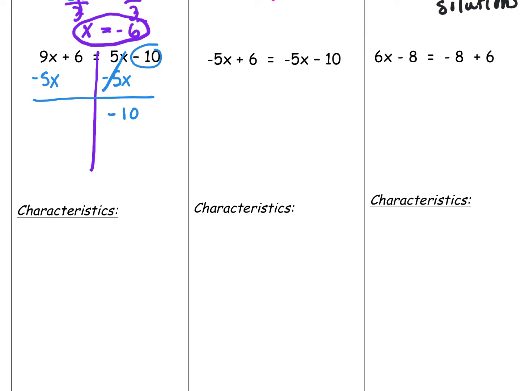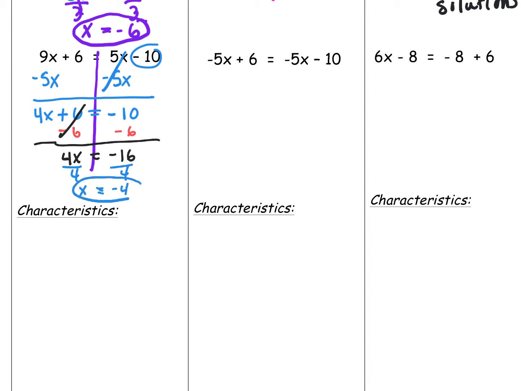If I have 9x and I take away 5 of them, I have 4x, and my constant of +6 is left over. As we continue to solve, we're going to subtract 6 on both sides, and that leaves 4x, so we eliminate our constant on the left side, and we have -16. And our final step would be to divide by 4, and so x equals -4.